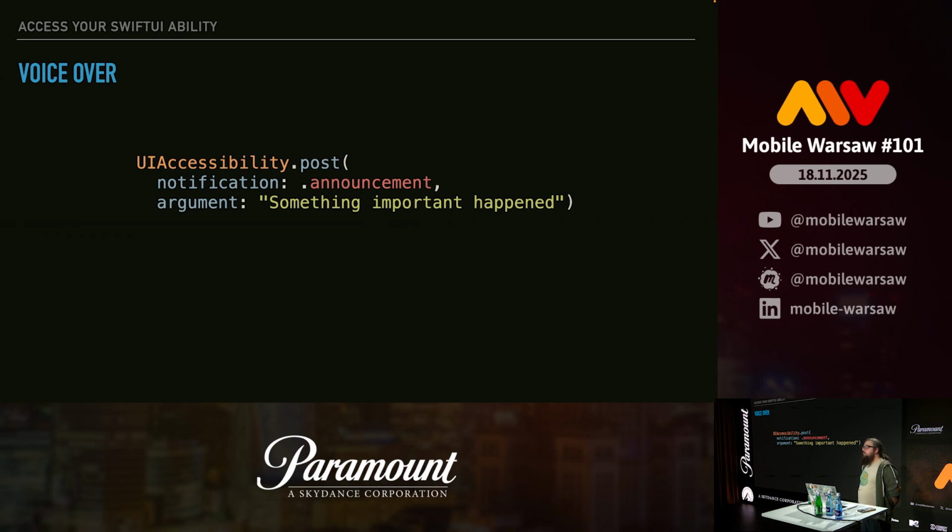But if you ever need to trigger an announcement from a bit more of a logic part of your code, so for example, some background task has finished processing, or a download has completed, or maybe you received a message and it's more important to say something than just play a chime, then you can post an announcement notification, and VoiceOver will read out whatever you pass in there.